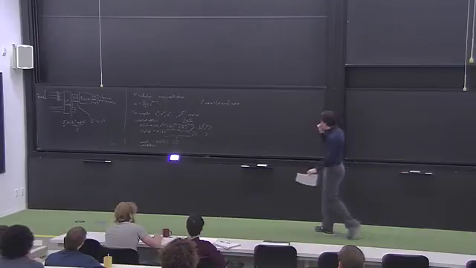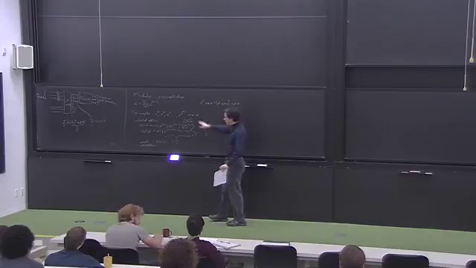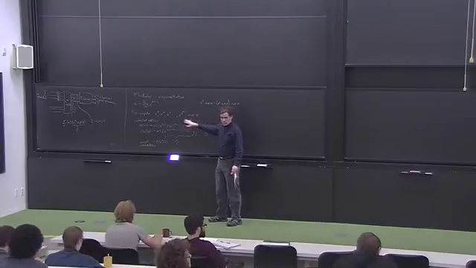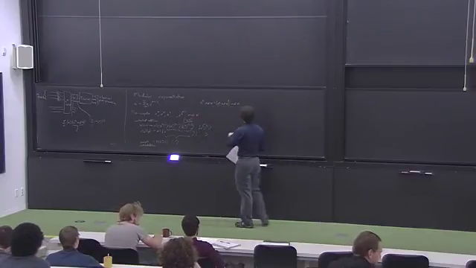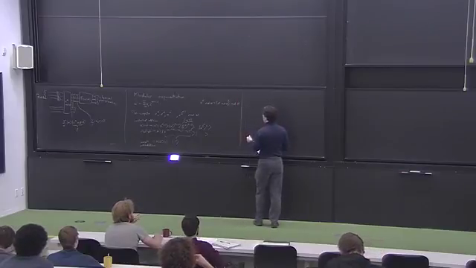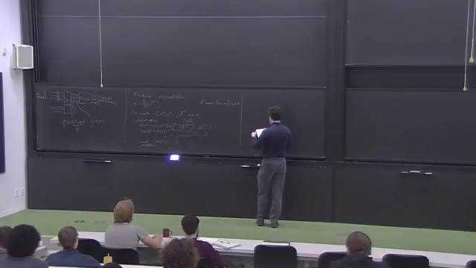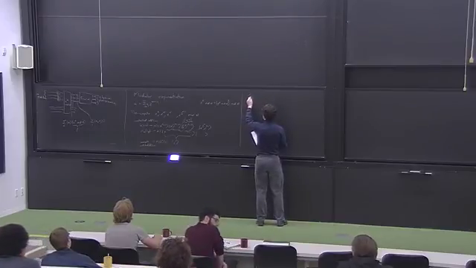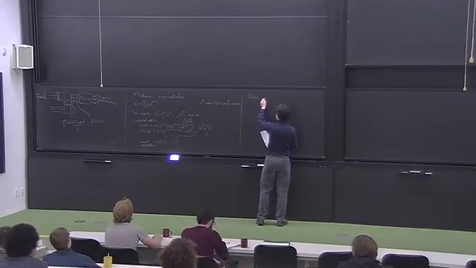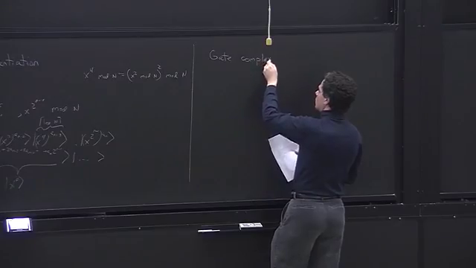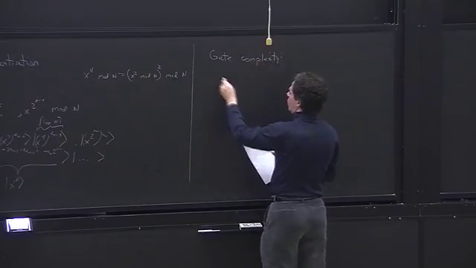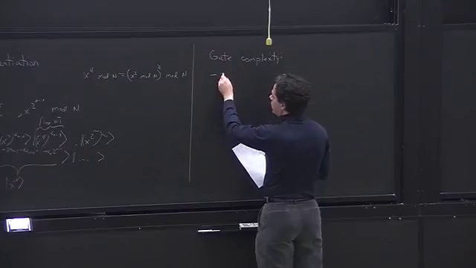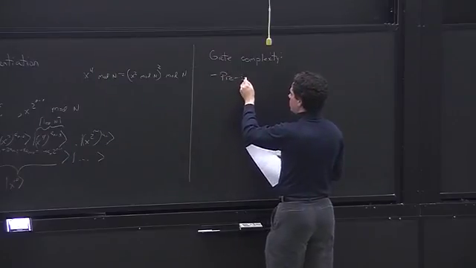Okay, so maybe the next thing to do is to count the number of gates that we actually used here, because we should check that that's not too many. We have various steps. So what's the gate complexity? First, the classical pre-computation.